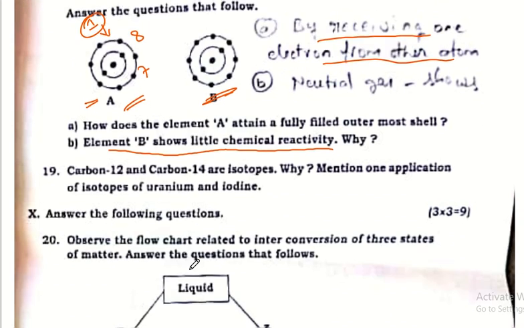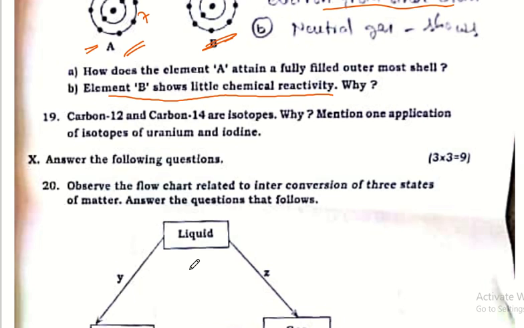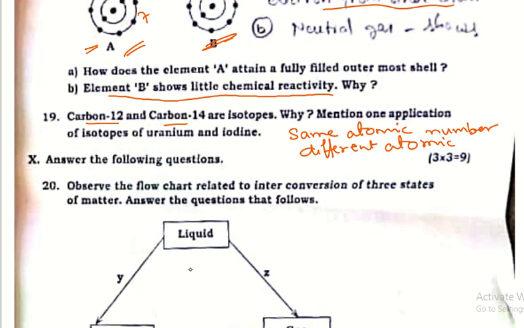And carbon 12 and carbon 14 are isotopes. Why? Mention one application of the isotope of uranium and iodine. Carbon 12 and carbon 14 have the same atomic number, but they have different atomic masses.